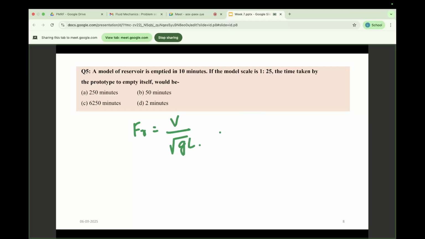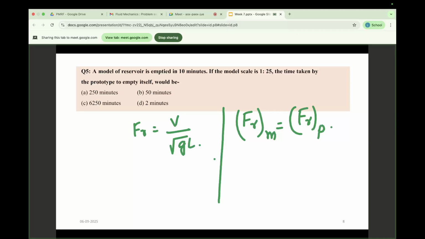Basically, what is given in this question is a model and a prototype. So if I assume this, the Froude number should be the same for both cases, for the prototype and the model. Say for the model I represent it as m, and for the prototype I represent it as p. So I can write Vm by root g Lm equals Vp by root g Lp.